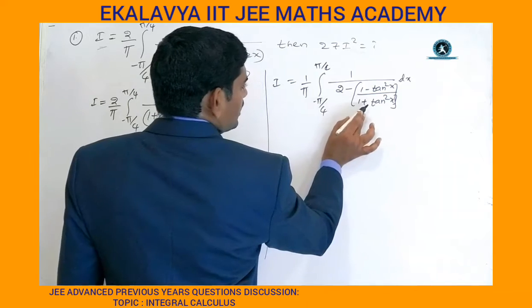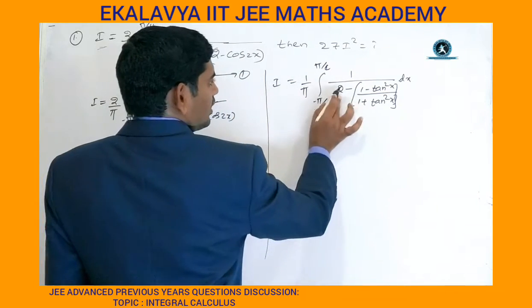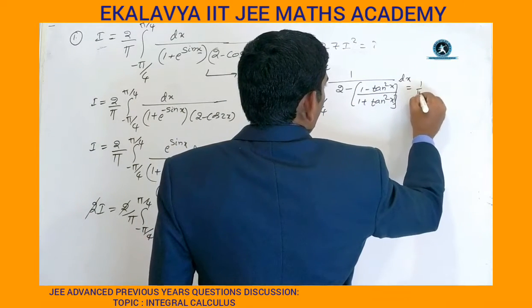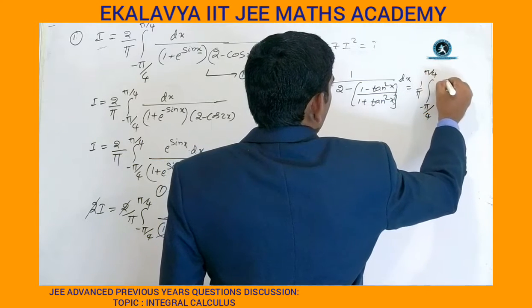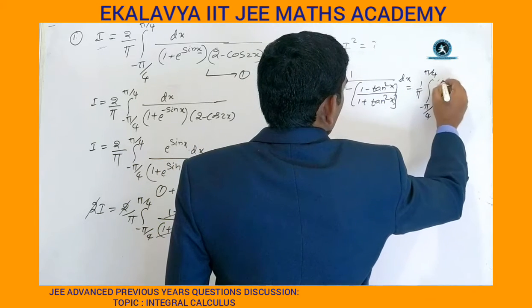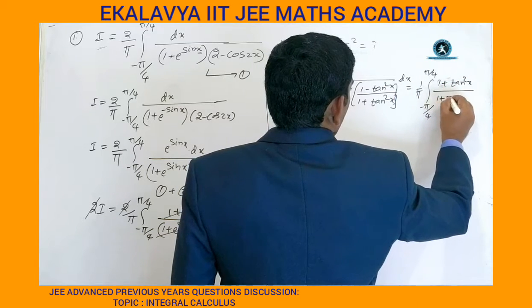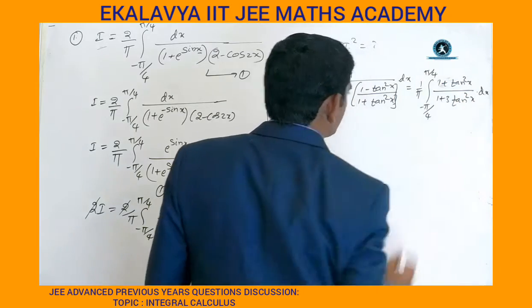Now after taking the LCM and reciprocal, we get 1 by pi, integration of minus pi by 4 to pi by 4, of 1 plus tan square x upon 1 plus 3 tan square x dx.